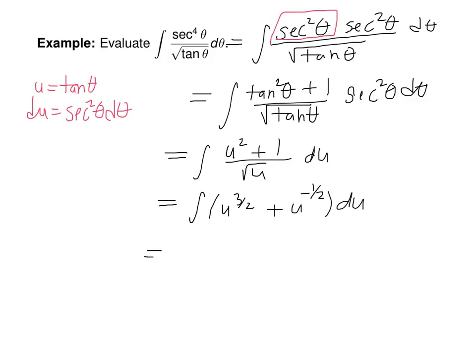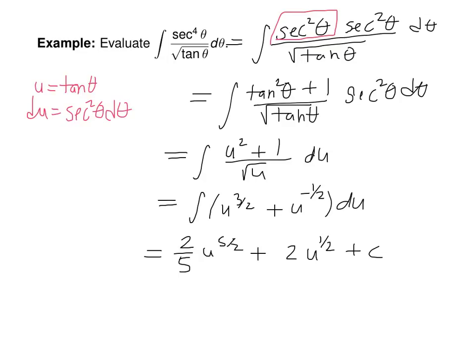And now anti-differentiate. The antiderivative of u to the 3/2 will be 2/5 u to the 5/2. The antiderivative of u to the -1/2 will be u to the 1/2 times 2, plus c.